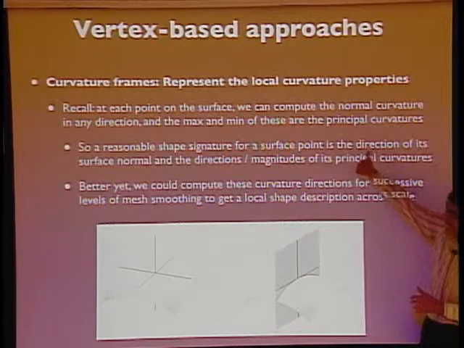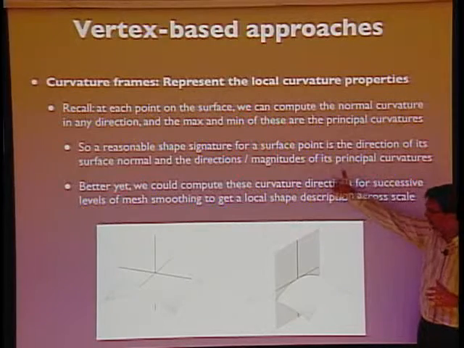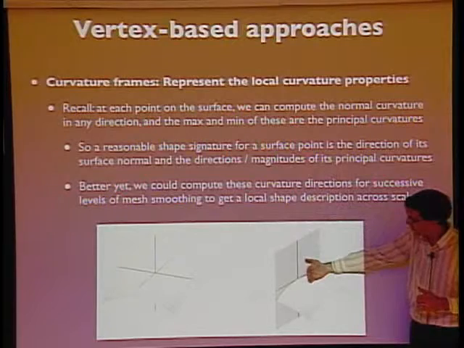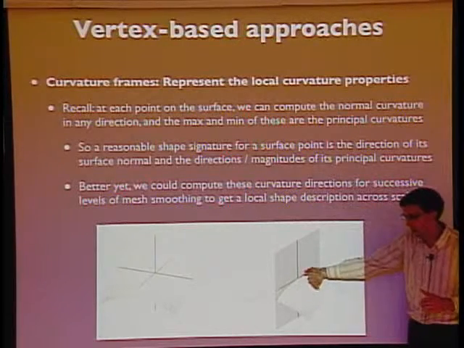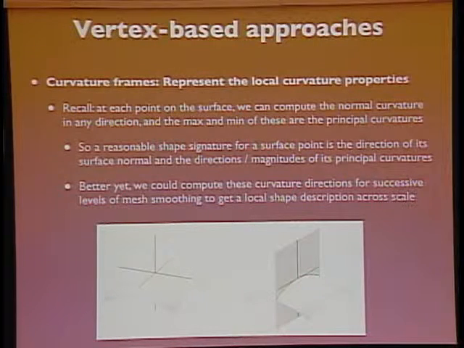And we have a pencil of planes. You don't have to know that term, but it's basically a set of planes that all go through the normal, and it can be at any orientation with respect to the coordinates that you're in.